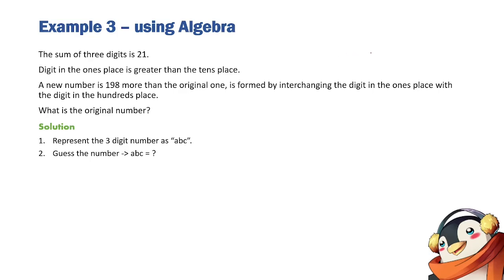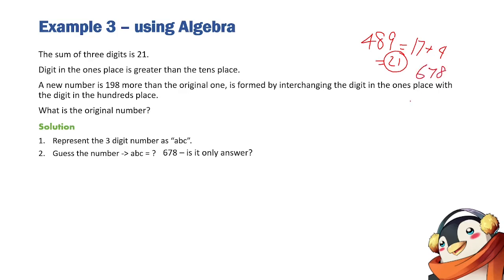So for example, 8 plus 9 will give you what? 17. Then you want it to give you 21, so 4. So we give you 21, right? So 6, 7, 8 is a possible answer.